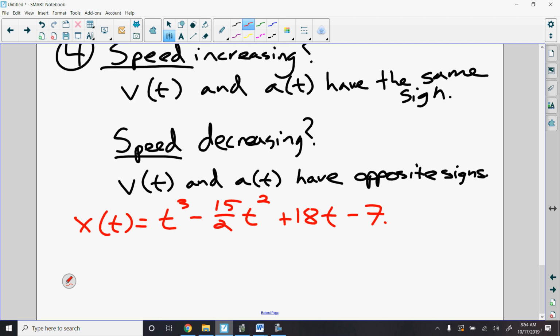So here's an example. I'm giving you a position function, and here's my question. Let's say at t equals 5, is the object speeding up or slowing down?